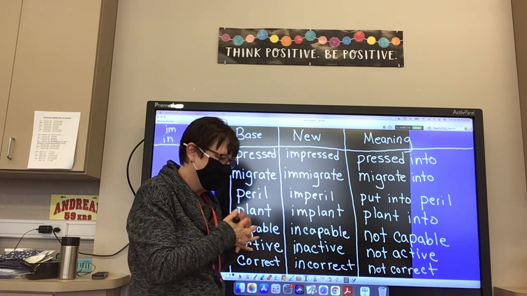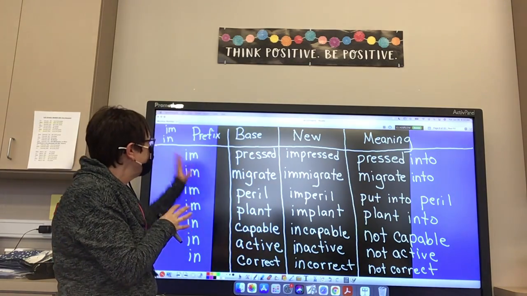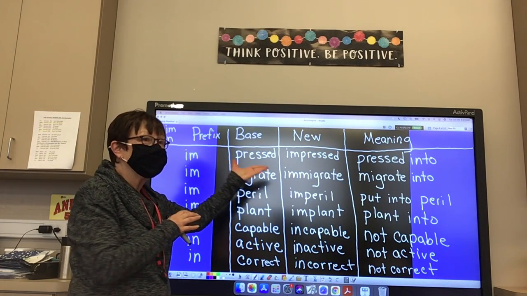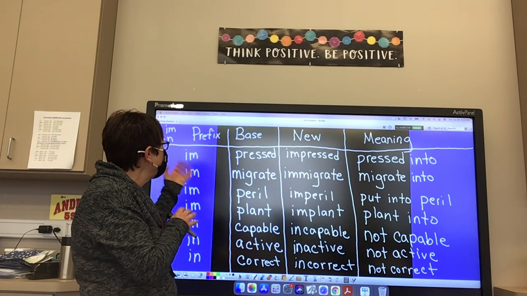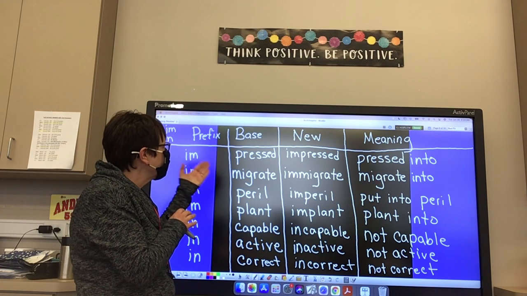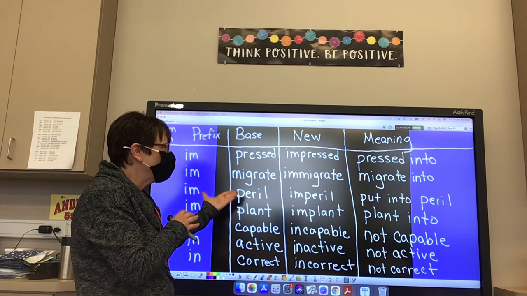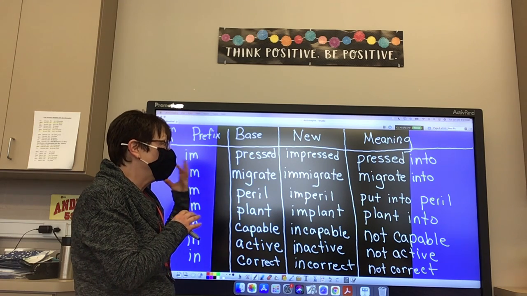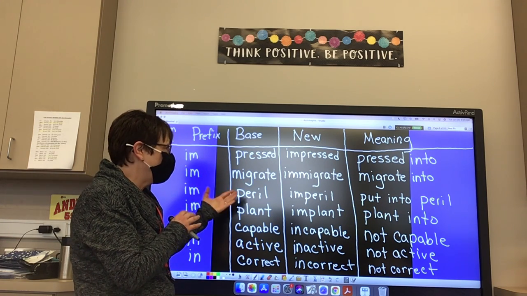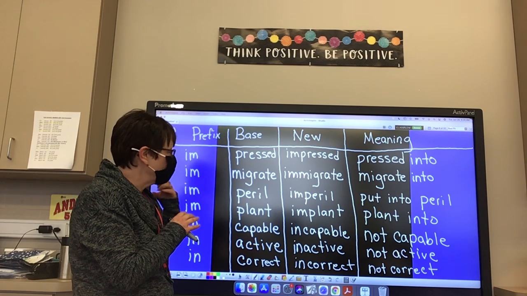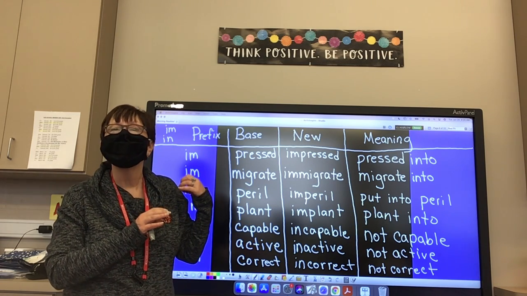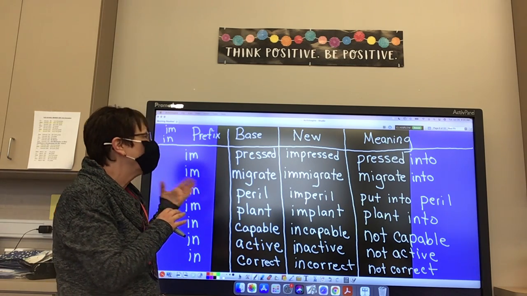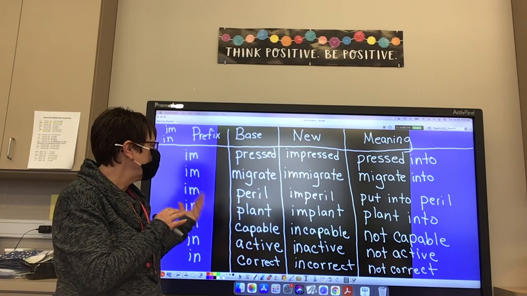Okay? So we have impressed, pressed into. We have immigrate, which means migrate into. Imperil, put into peril. Implant, plant into. Incapable, not capable.